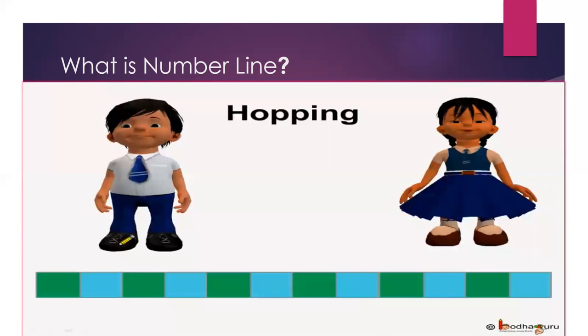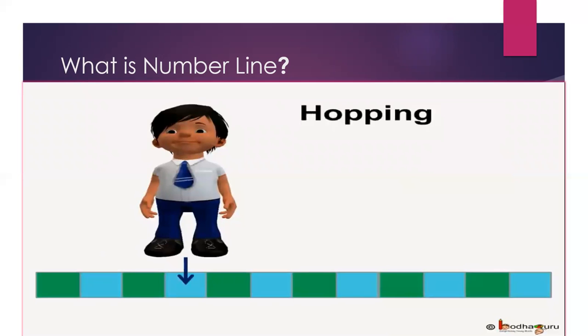This is Aman and this is Khushi. Aman and Khushi were hopping on the squares. It was fun hopping on the squares. First, Aman hopped till what square? Let's count it. 1, 2, 3, 4.